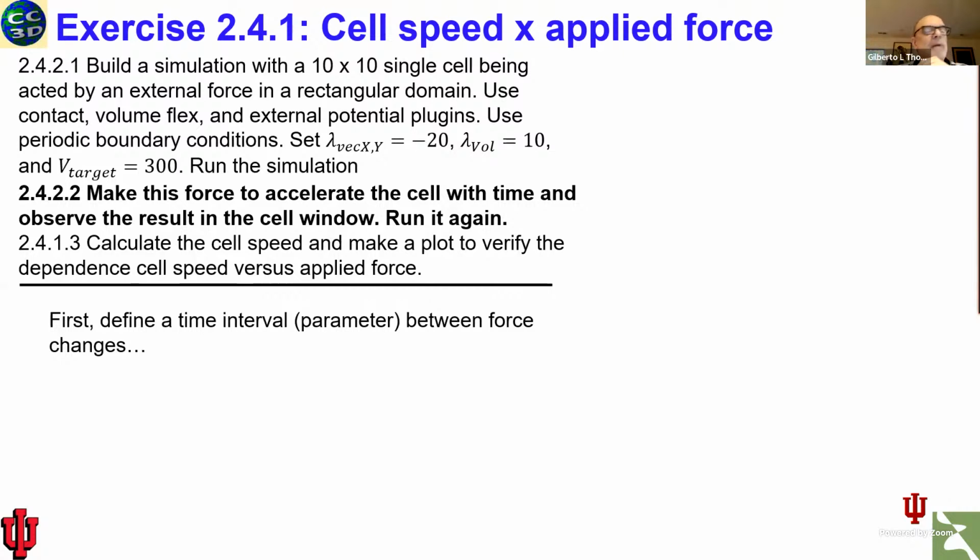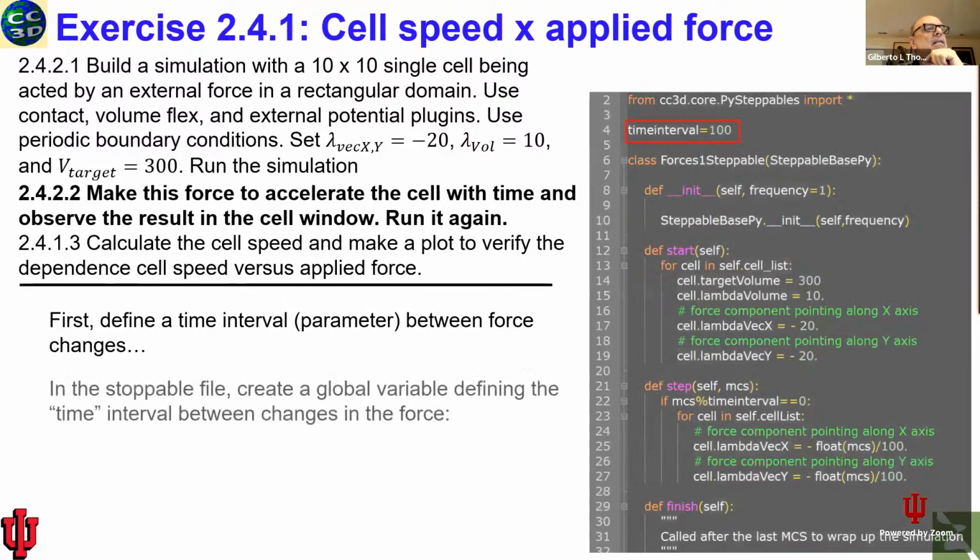Let's choose a time interval like 400 or 1,000 Monte Carlo steps between changes in the intensity of the applied force. So how do you do that?